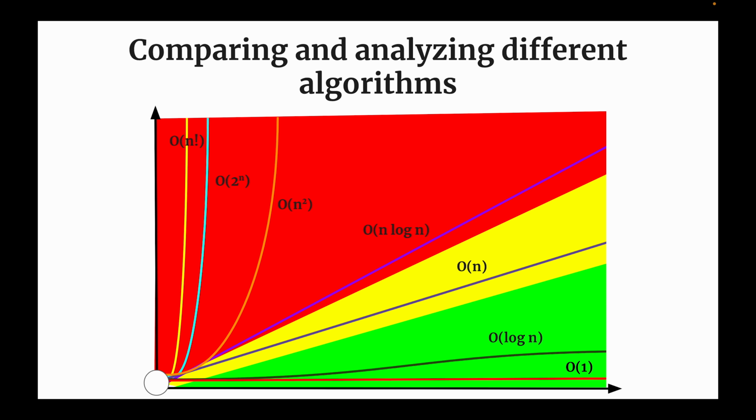These algorithms are generally preferred when dealing with larger datasets or performance-critical scenarios. So knowledge of big O notation complexity helps in technical interviews by demonstrating your understanding of algorithms' efficiency and your ability to analyze and optimize code.